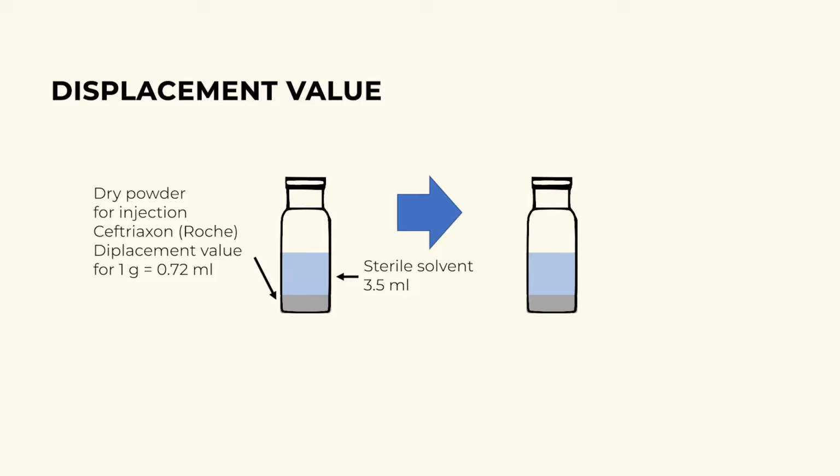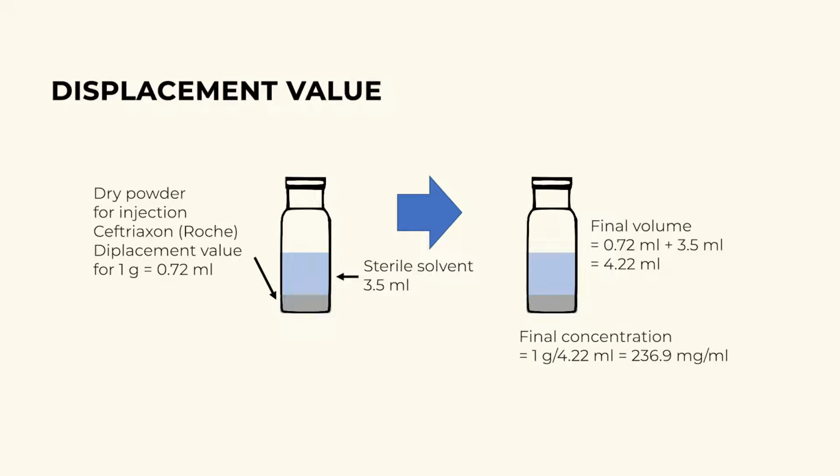Since ceftriaxone is water-soluble, we get a solution soon after reconstitution. The final volume of this solution is therefore 0.72 milliliter plus 3.5 milliliters equals 4.22 milliliters.